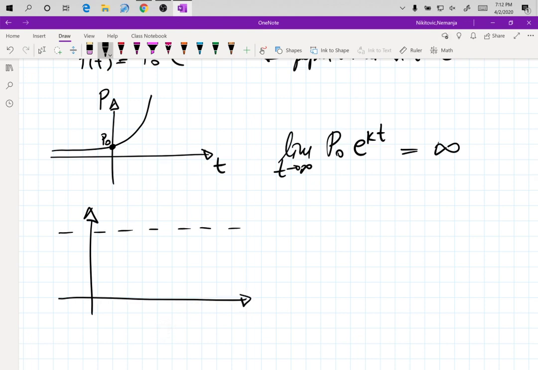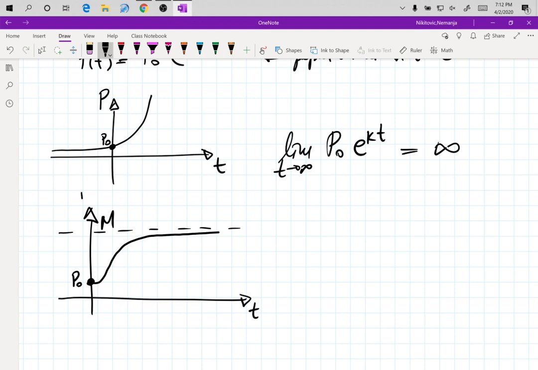And so this is your carrying capacity over here. You can call that K if you want to. I don't want to use K because we used K as a constant in here. Carrying capacity C or whatever, M, capital M, right? And the model will look like this. Here's your P0, and then it shoots up and then levels off, like that.